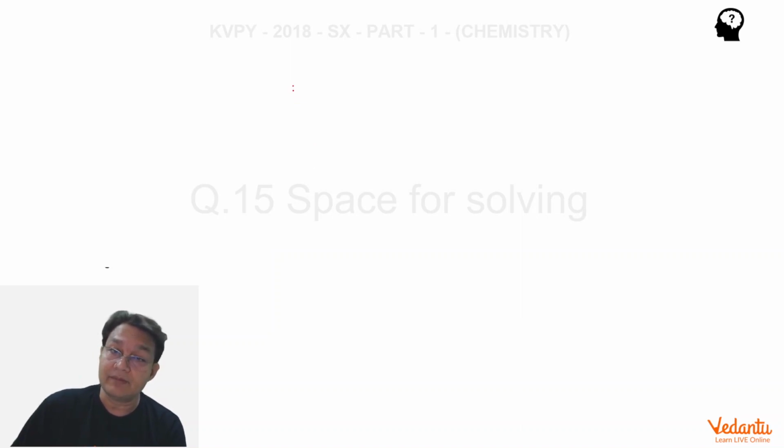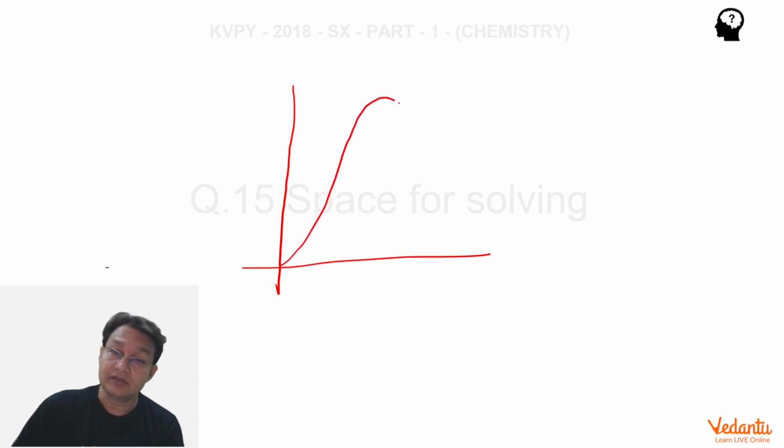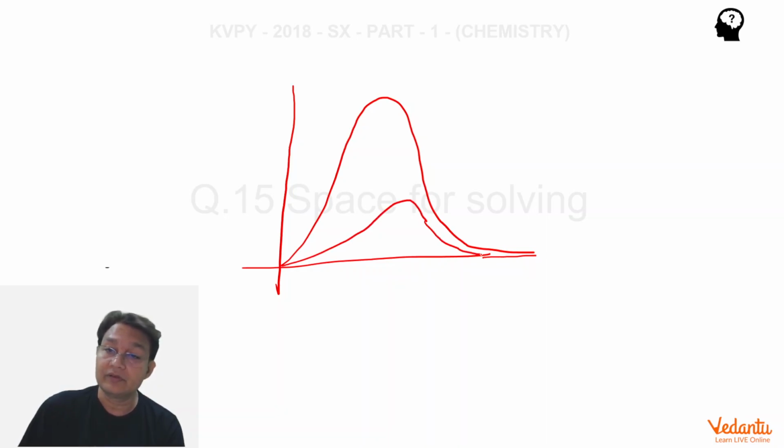In black body radiation, the shape of the graph is like this. That was studied by Rayleigh-Jeans and many other scientists, and Wien, Stefan and Boltzmann, and they found that if you compare it at two different temperatures, suppose this is temperature T2 and this is temperature T1, where T2 is greater than T1, the wavelengths corresponding to these peaks, let's call this lambda 2 max and this lambda 1 max.